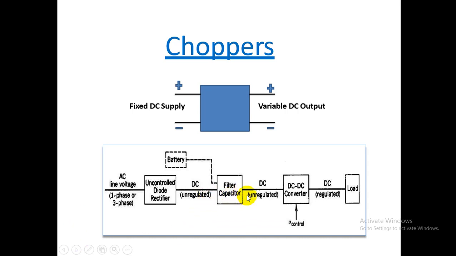This capacitor filters out the harmonics, meaning the AC components, and gives us nearly DC values. These fixed DC values are applied to the chopper circuit, so that we get variable regulated DC values which are applied to a particular DC load.